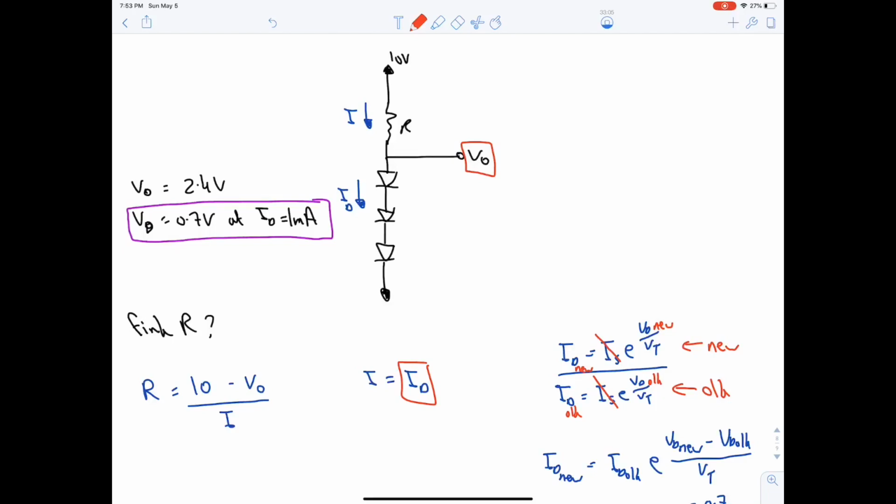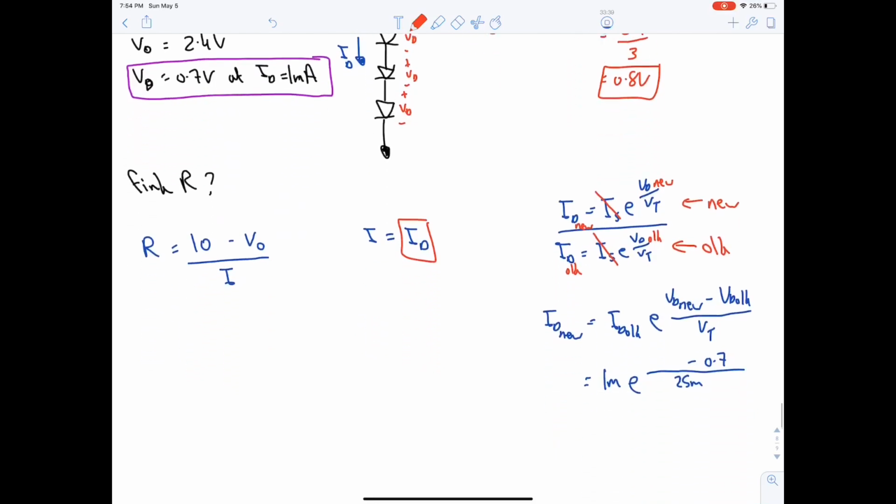So what is the voltage drop across only one? This is VD, this is VD, this is VD. So VD, the voltage drop across one diode, is the voltage drop across all diodes, the overall, divided by the number of diodes. So it will be 2.4 divided by 3, which is equal to 0.8 volt. As you can see here, the voltage drop across the diode is no longer the default value, which is 0.7.